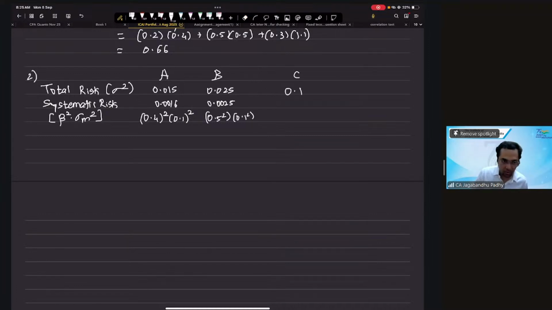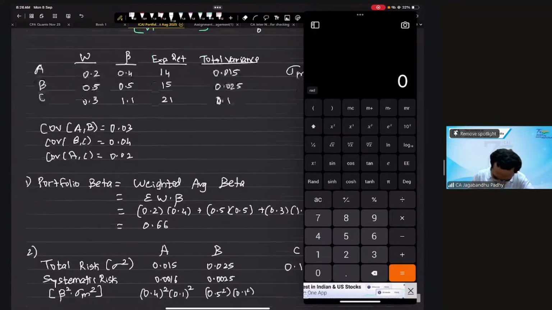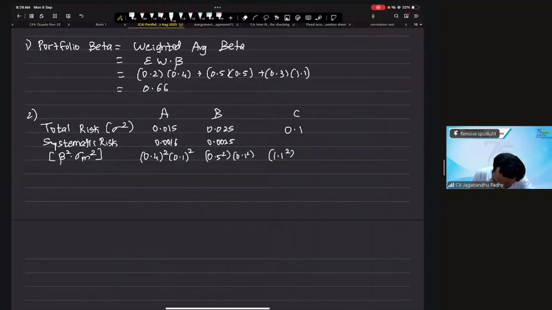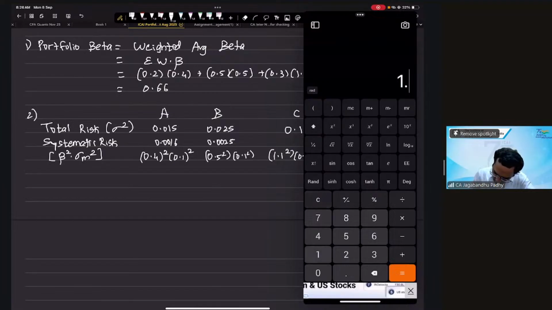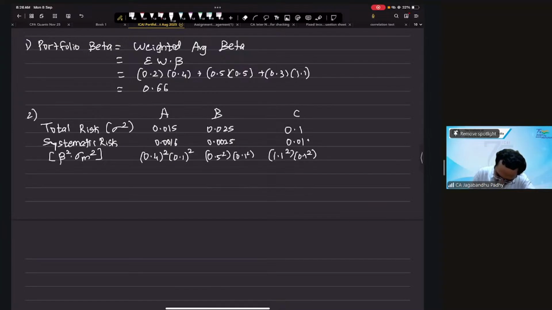Then what about the systematic risk of C? This beta is 1.1, right? 1.1 square into 0.1 square. 0.0121.